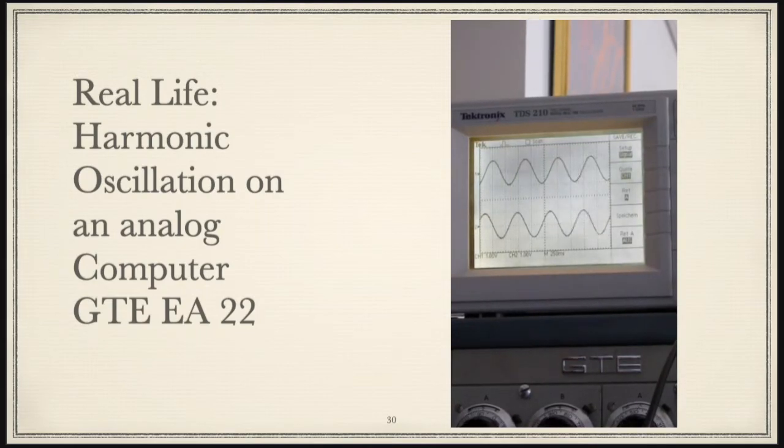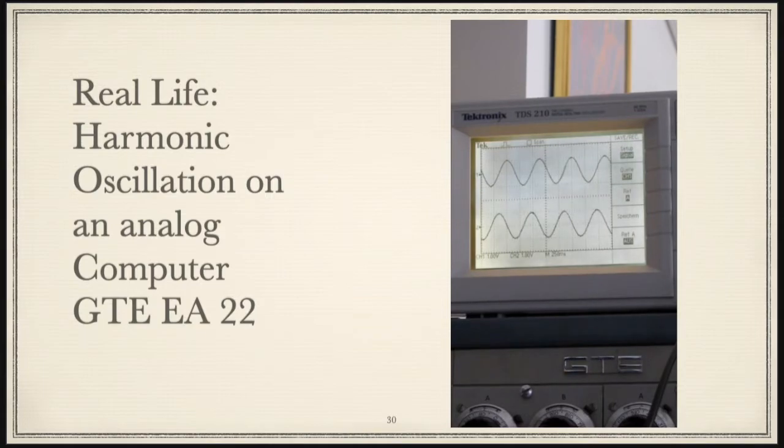That is the solution. I stop it. And what do you see? Nothing. We start it again. And it's fun. It's very fun. So, now let us look at some details here.